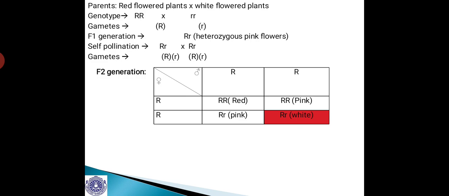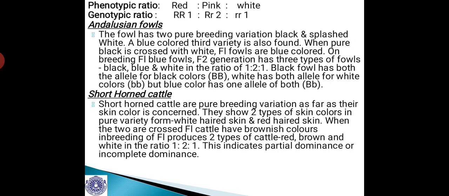So this is the type of inheritance pattern seen in incomplete dominance in Mirabilis jalapa. The phenotypic ratio, as we already discussed, is 1:2:1, as well as the genotypic ratio.